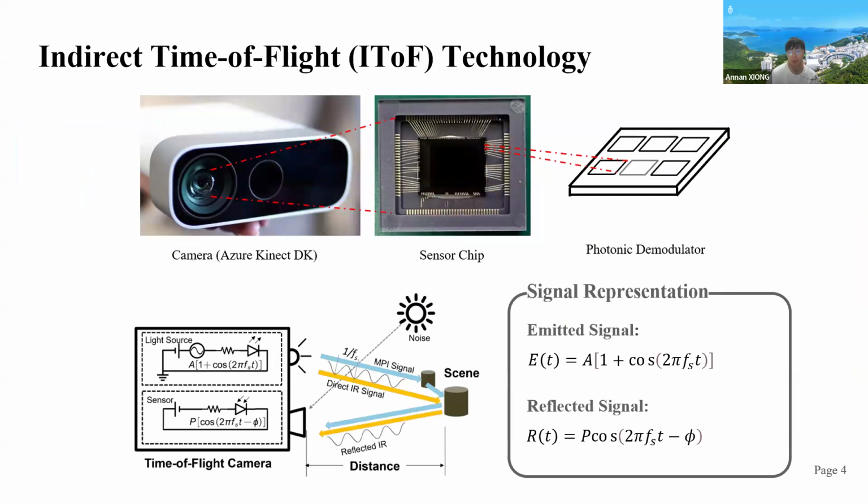The iToF sensor chip contains many photonic demodulators in every pixel. Please allow me to give a very brief introduction to the principle. For the emitted signal, E(t), we get a similar signal in the sensor chip called R(t), which is the reflected signal.